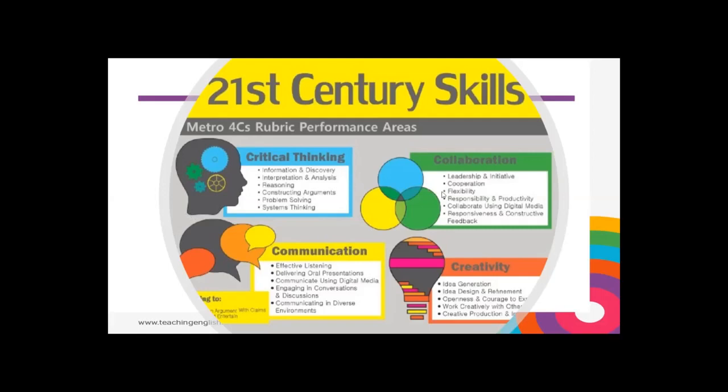So as we said before, we have the 4 C's skills, which are critical thinking, collaboration, and communication. Do you know communication? Of course, you know communication. Do you know what the skills for communication are? How can we communicate with others?